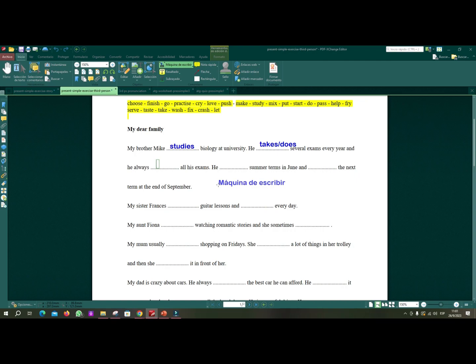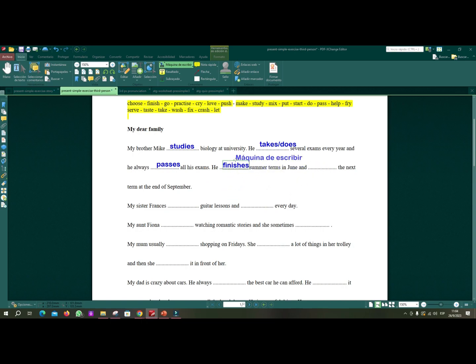So he always passes all his exams. Les voy a enviar una lista de verbos para que ustedes se las aprendan. Igual, recuerden que ya estamos con el presente simple y necesitamos utilizar, bueno, en todo caso una lista de verbos, aunque sea con los verbos más comunes. Entonces, luego, después de la clase, se las voy a enviar, ¿ok?